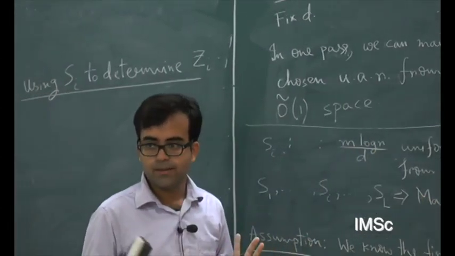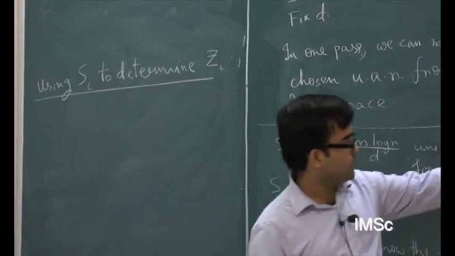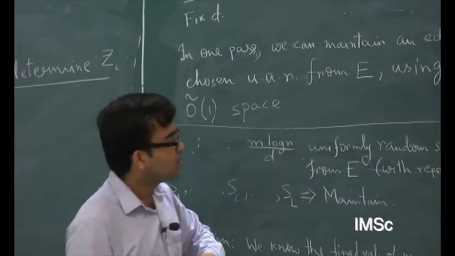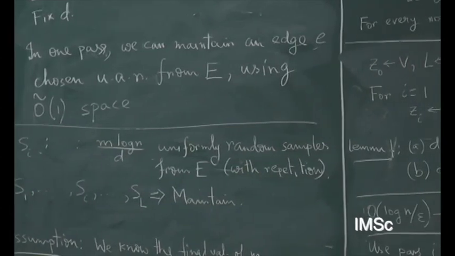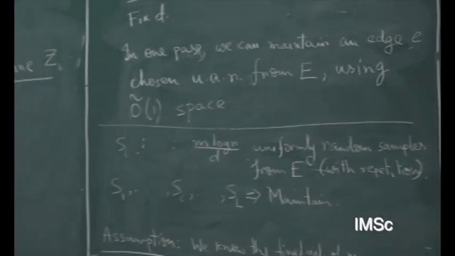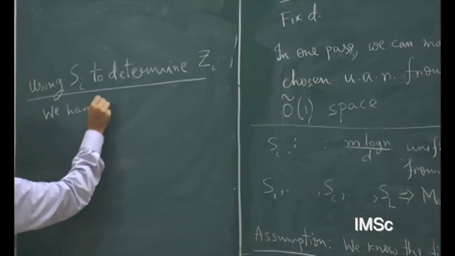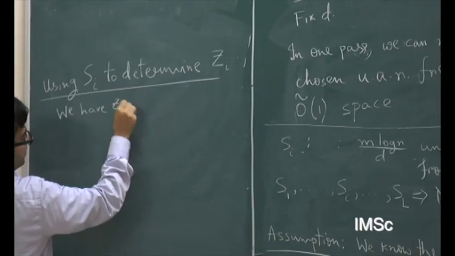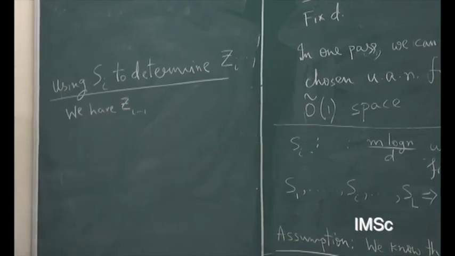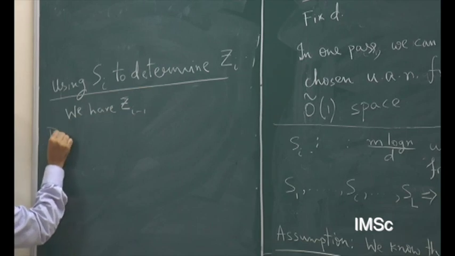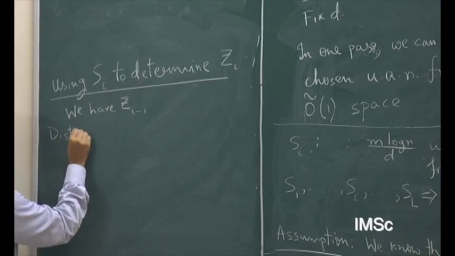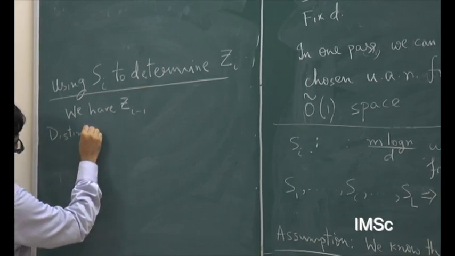That's exactly the idea. Now I am going to formalize it slightly. We have Zi minus 1, right? What is our job? Our job is to distinguish between two types of nodes in this Zi minus 1.